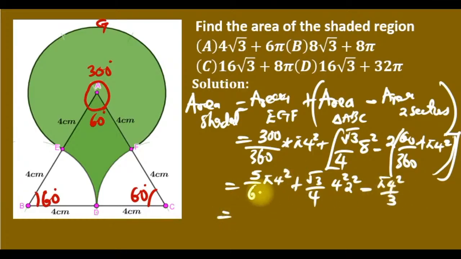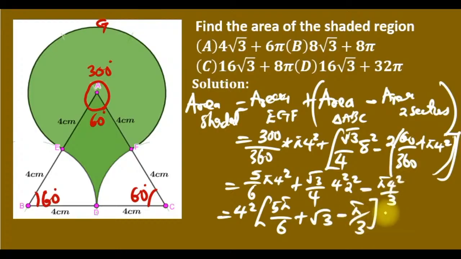Looking at all this, we have a common factor 4 squared, so we bring out 4 squared, and we are left with 5 pi over 6 here. Remember we brought out 4 squared, so with 4 and 4 we are left with 3 here, and minus pi over 3. 5 pi over 6 minus pi over 3 is 3 pi over 6, and 3 pi over 6 is pi over 2.